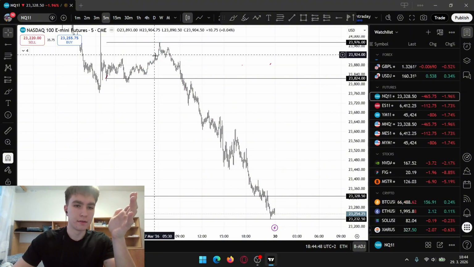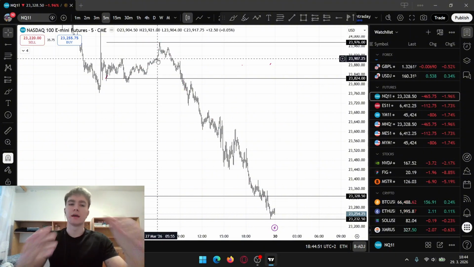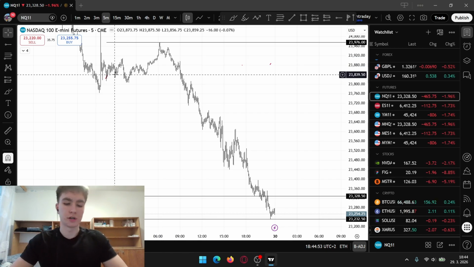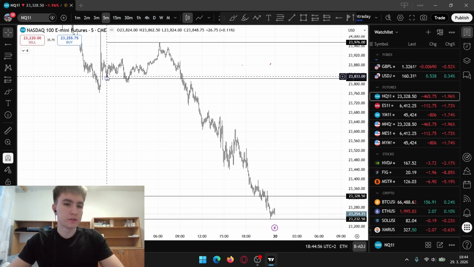The reason why we are zooming in or zooming out is to gather more information about a chart. But you don't really want to zoom in too much.